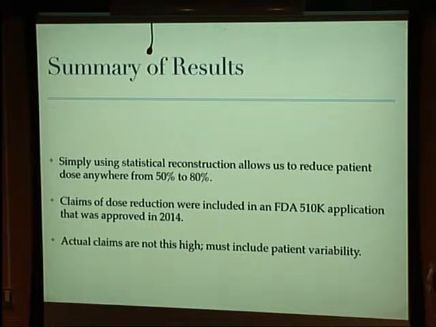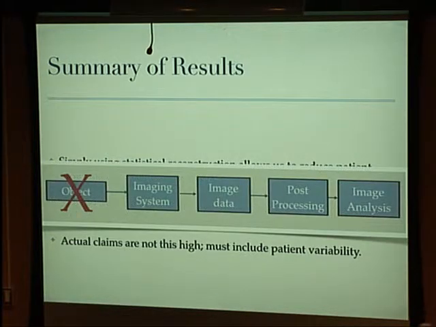Why is that? Well, if I go back to that imaging chain that I showed you earlier, where we have the object, the imaging system, the data, the post-processing, and the image analysis, we did not consider anything about the random objects. So we had a phantom that we were imaging. A phantom is a lot simpler than imaging a room full of people and trying to do similar tasks.